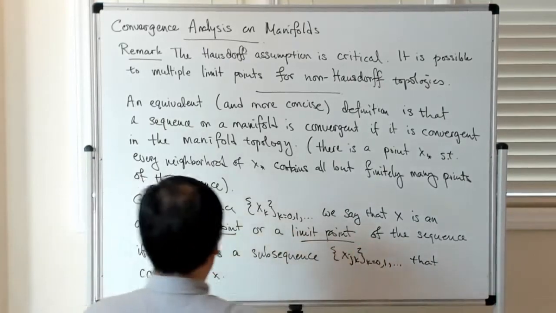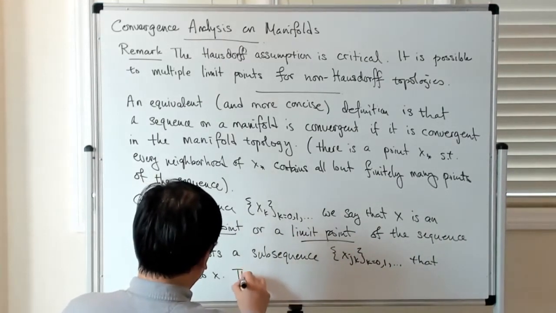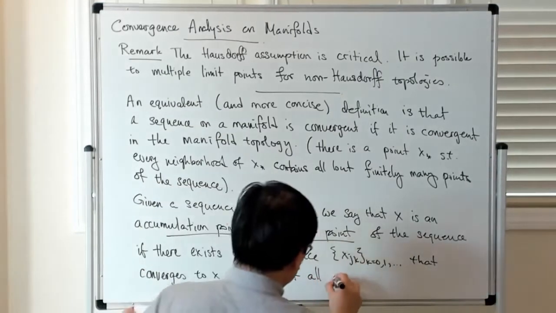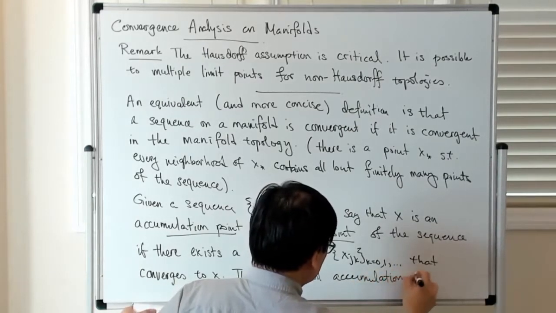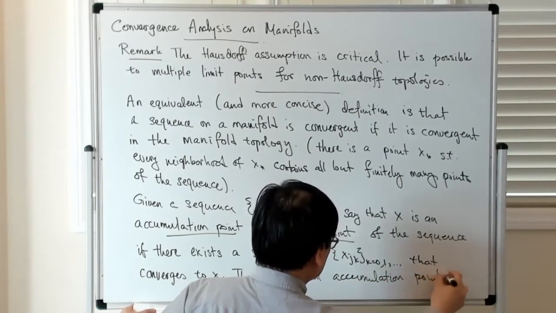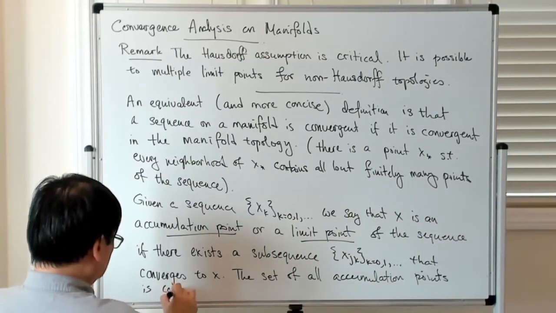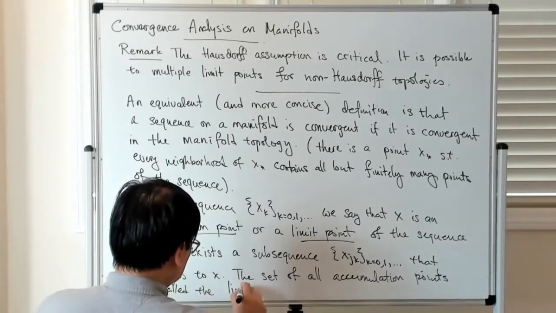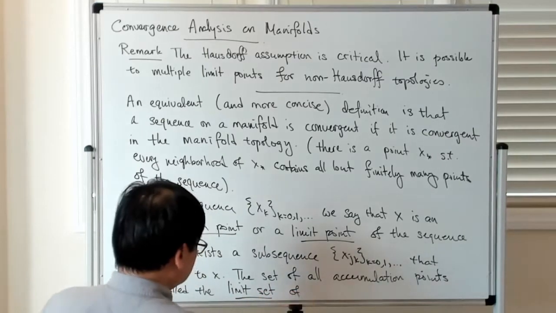And then the set of all accumulation points is called the limit set of the sequence.